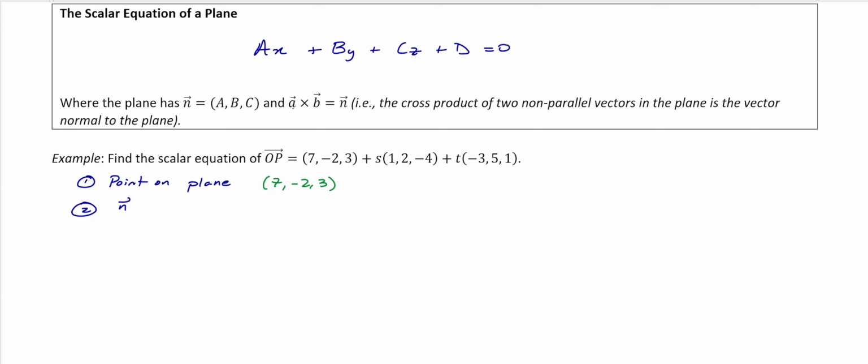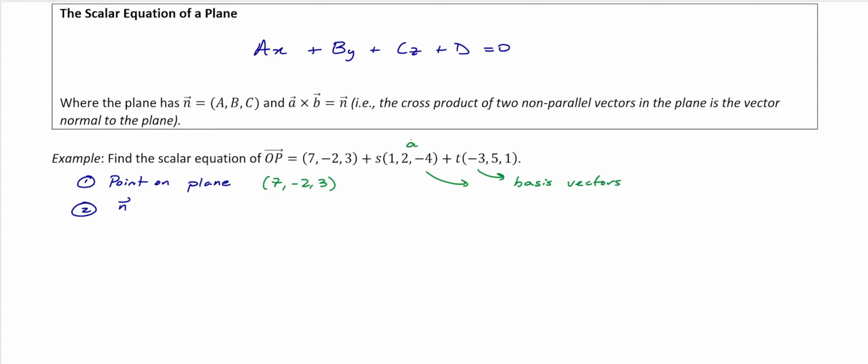So if I have two non-parallel vectors on the plane, or non-collinear vectors on the plane, I can take the cross product of that, and the cross product, recall, is the vector that is perpendicular to those two vectors. And look at what I have right here. I have, in fact, the two basis vectors on my plane.